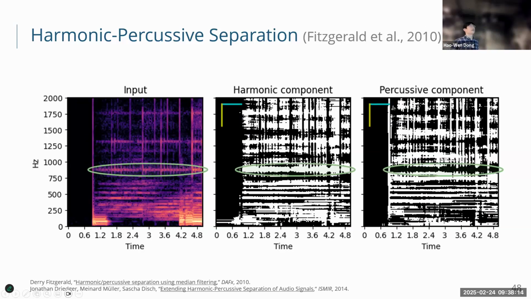And if you zoom in on just 0 to 2000 hertz, you will see that for the pitch that you have, the horizontal line will be in the harmonic component, but in the percussive component, it will be the opposite. In the mask, you see these horizontal lines are actually the opposite of what we want. The harmonic component will keep those horizontal components, but the percussive mask will just keep the black places where there's no value.